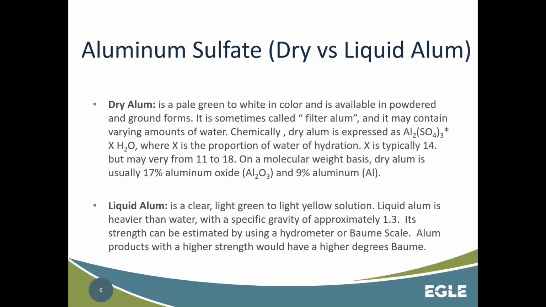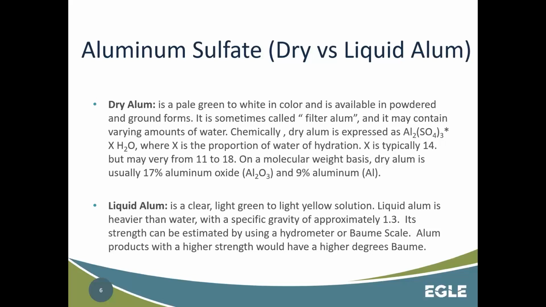On a molecular weight basis, dry alum is usually 17% aluminum oxide and 9% aluminum. We're going to get into how to calculate that in some of our practice problems. Liquid alum is a clear to light green to light yellow solution. It's heavier than water with a specific gravity of approximately 1.3.